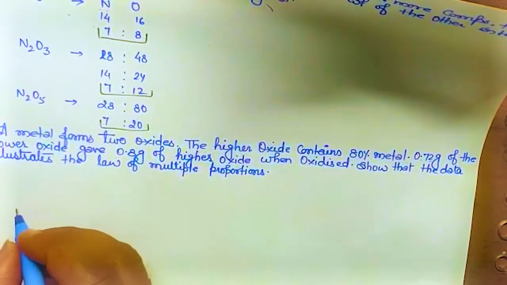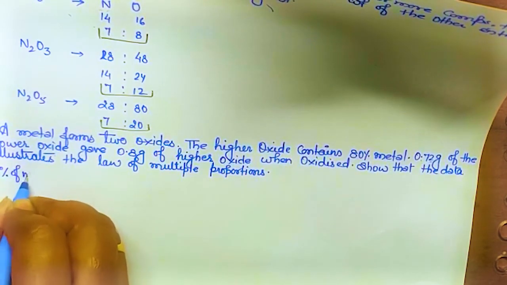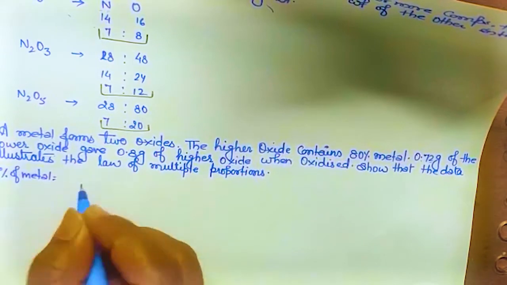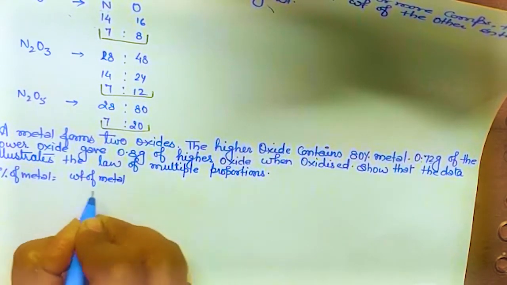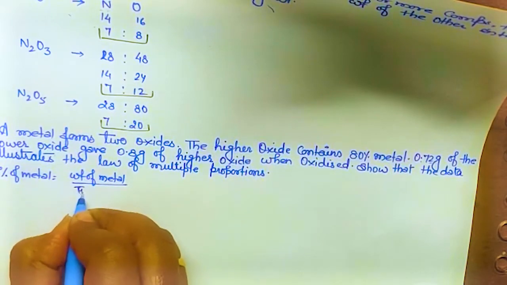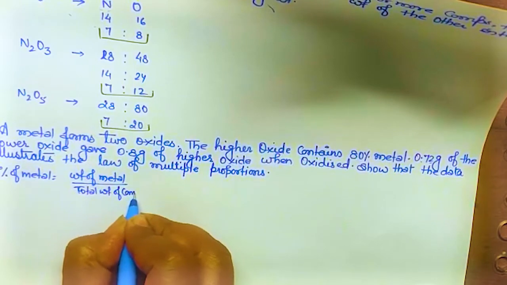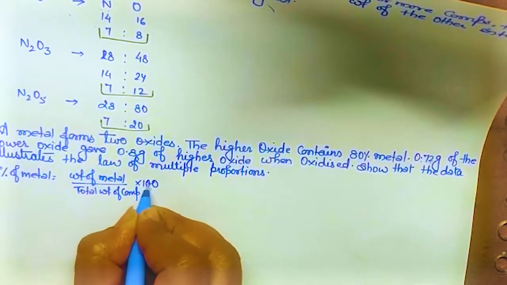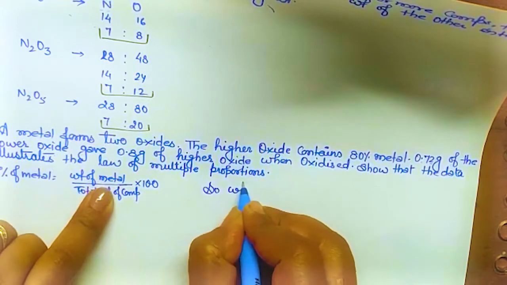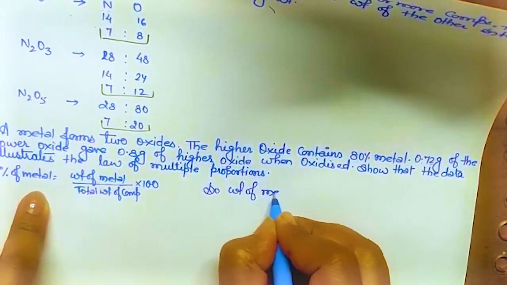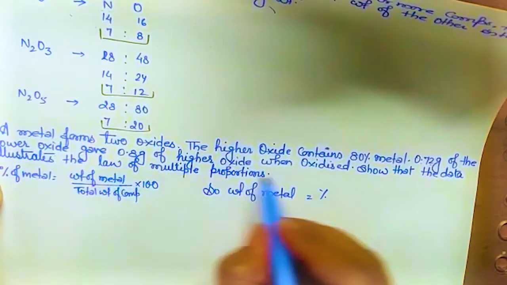What you will do first: percentage of any metal, if you want to find, how to do? Weight of that metal upon total weight of that compound into 100. This is the formula. So this time you have to find the weight of metal. Weight of metal will be percentage of metal, that is 80%.